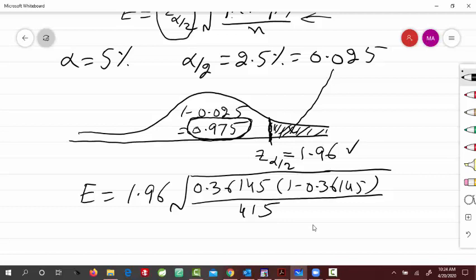This would simplify to approximately 0.04.